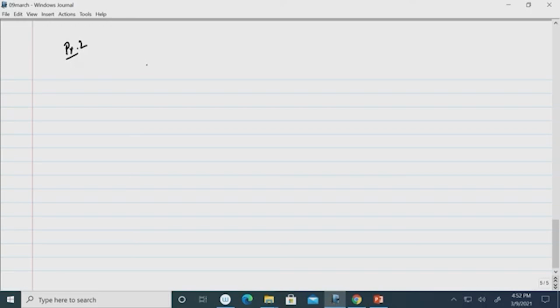We have this rectangular plate, let the length be a and the width be b, and it has two opposite edges simply supported, that must be there, otherwise we cannot apply Levy's method.